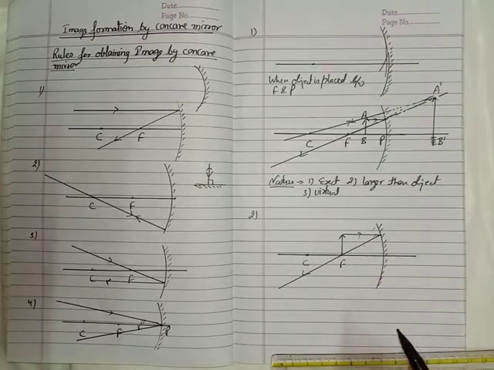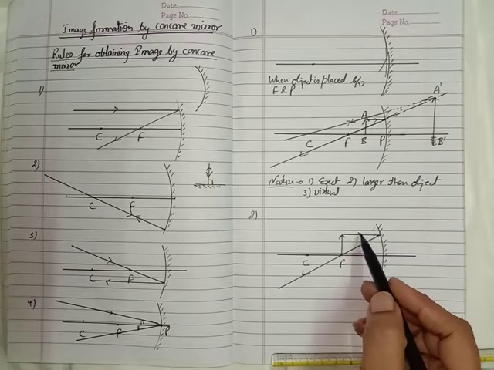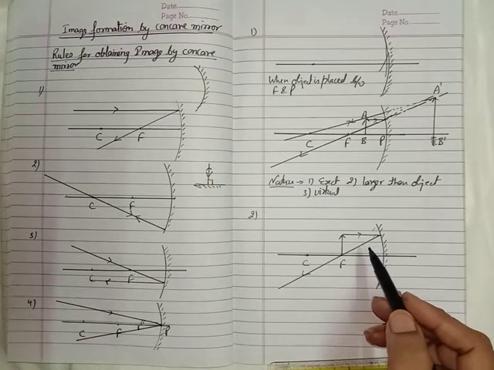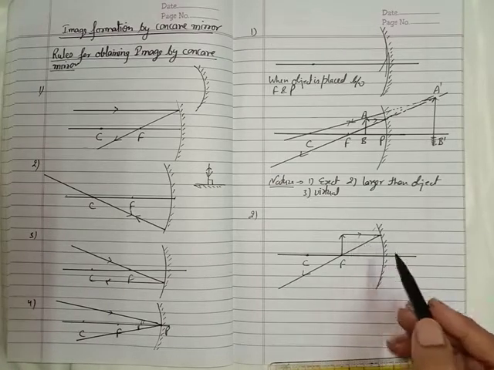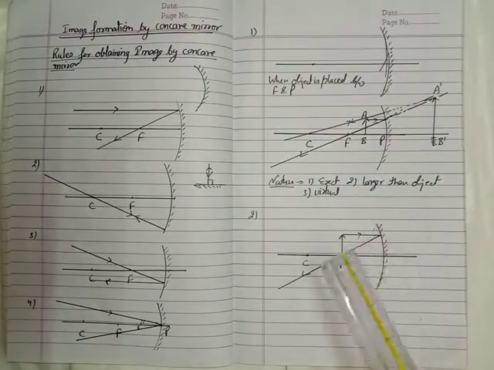Okay, one more thing you should know, that you always mark the arrows with these rays. These arrows show the path of the light ray. So you should always make the arrows for the rays.